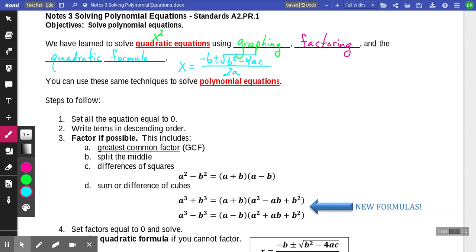So none of this is new because we've done this before, but we're no longer solving quadratic equations. We're going to bump it up to cubic and quartic, so degree 3 and degree 4. Good news is a lot of these strategies can still be used.